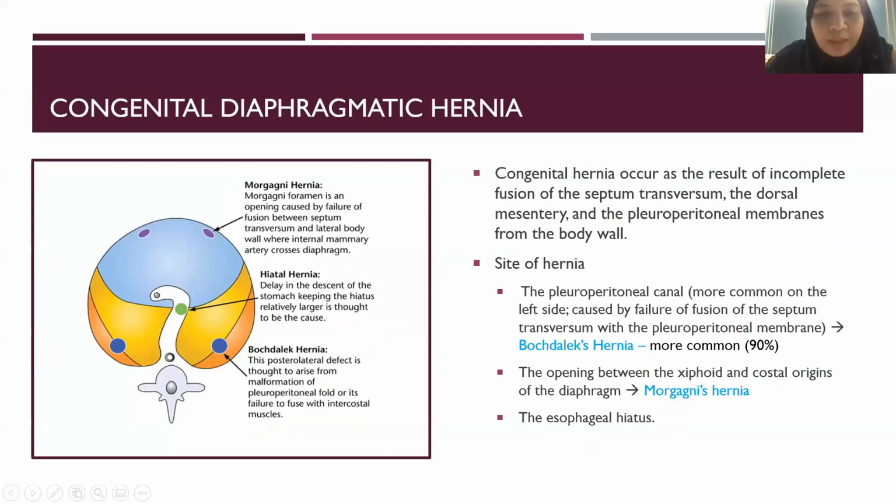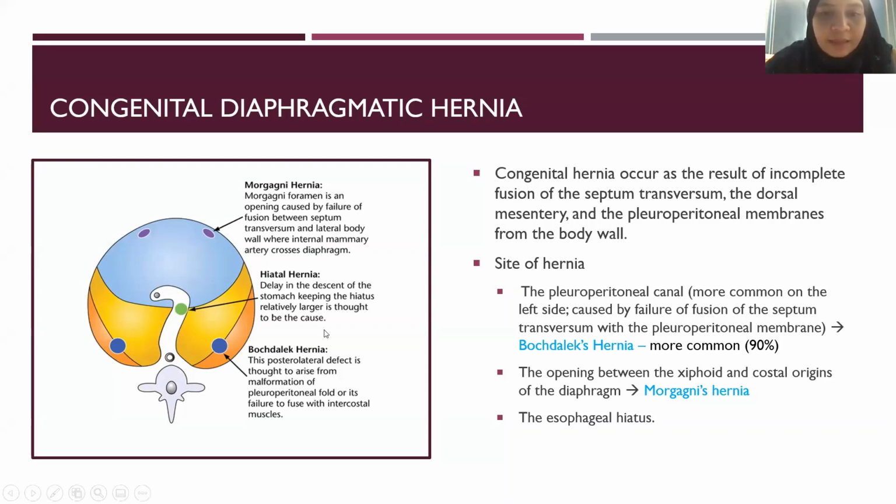What is important about this is congenital diaphragmatic hernia. The most common site is at the lateral, at the pleuroperitoneal canal, which we call the Bochdalek hernia.